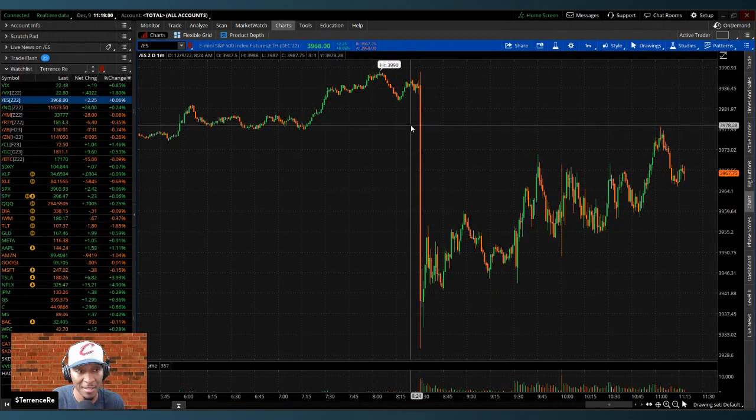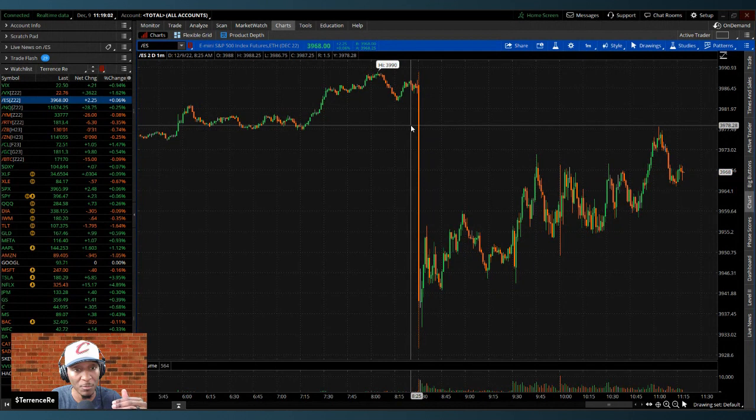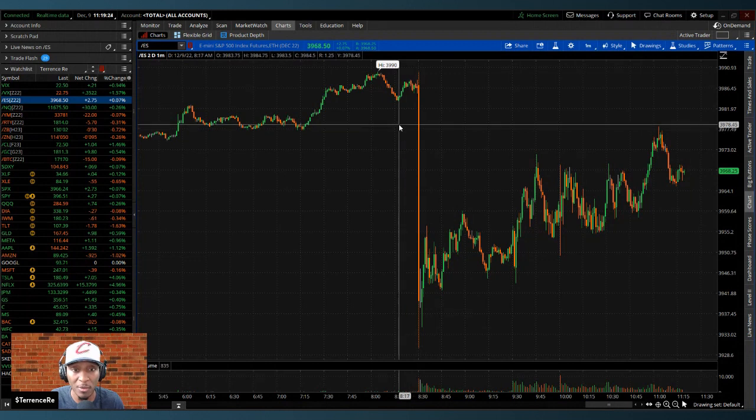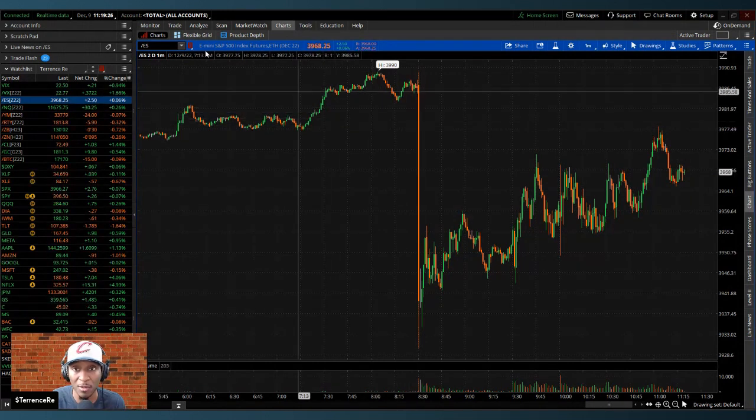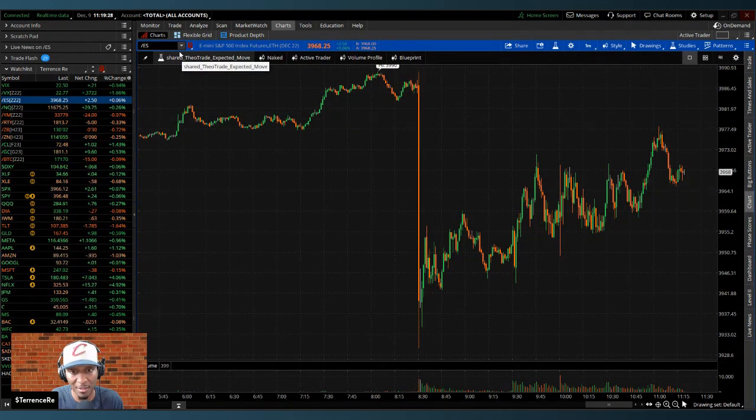So each tick going up 0.25, 0.50, 0.75, and then it'll go to another whole number. So there are 4 ticks in a handle. And in the /ES, which is the S&P 500 futures, each tick is $12.50. So that way a whole handle is $50. So each whole number is $50. Each tick would be $12.50.